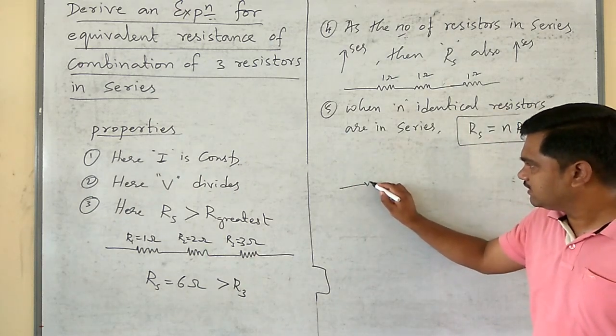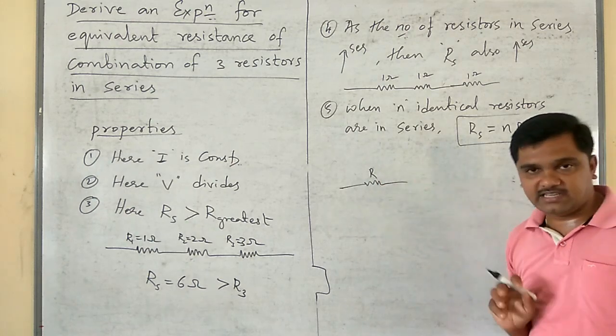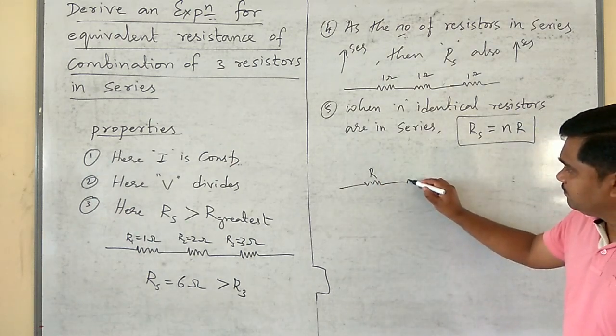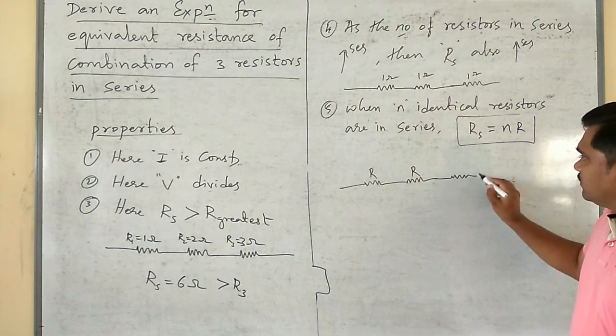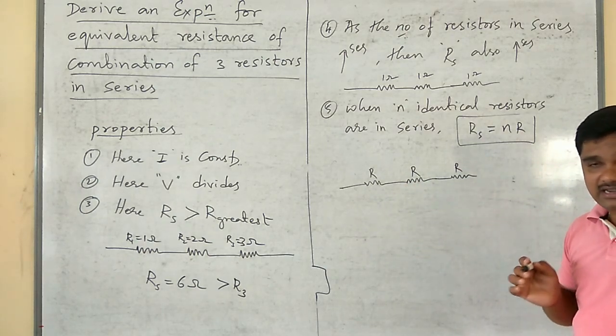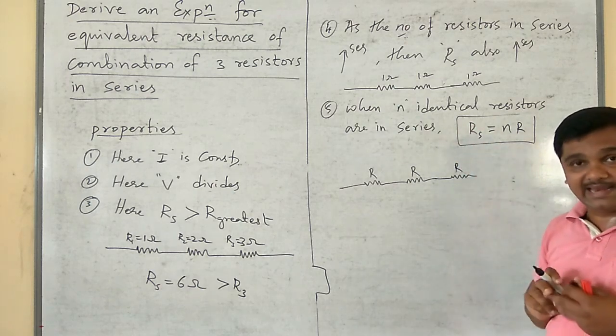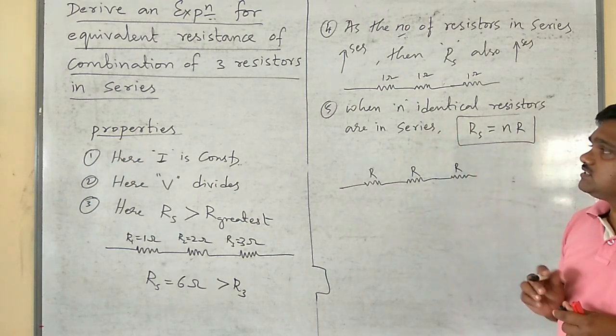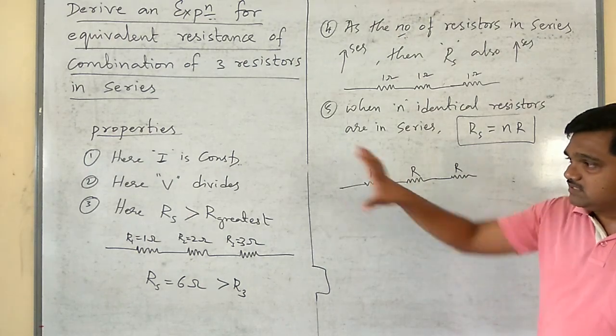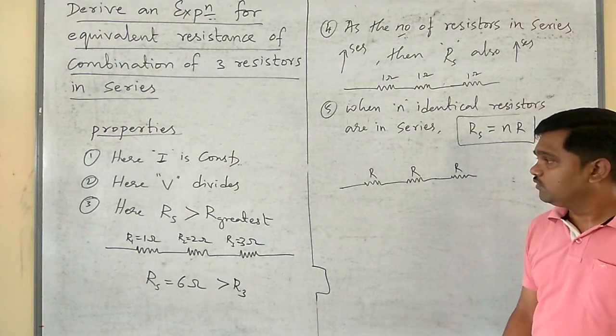See here, 1 R is here, Rs is equal to R. If I add one more R, it is 2R. If I add one more R, it is 3R. Similarly, if I add n, then it will be nR. Okay. So this is the fifth property of this series combination.